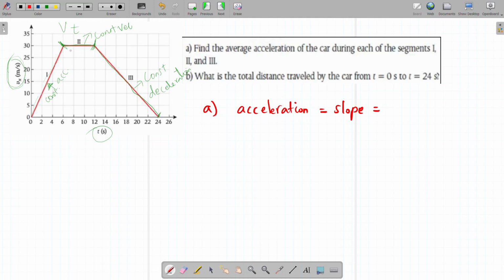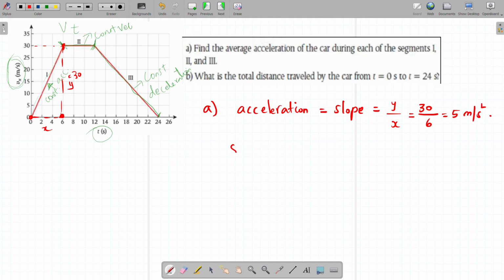Slope of the first segment is y by x. The y value is 30, from here to here, you can see 30, divided by x. The x value is from here to here, 6. So the answer is 5 meter per second square.